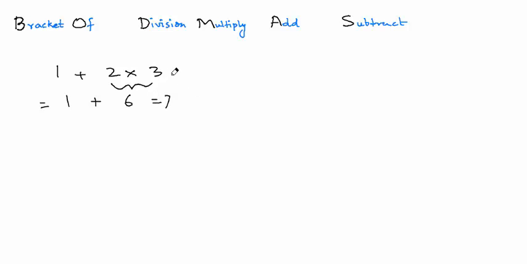If you really intended to mean 9 as the answer to this expression, all you need to do is put a parenthesis, or a bracket, around the 1 plus 2 and then times 3. That would indicate whatever is inside the bracket must be done first because B comes first ahead of everything else. So we do the 1 plus 2 first, 3 times 3. And that gives you a different answer.